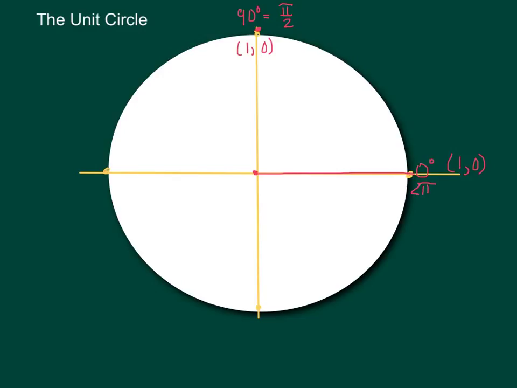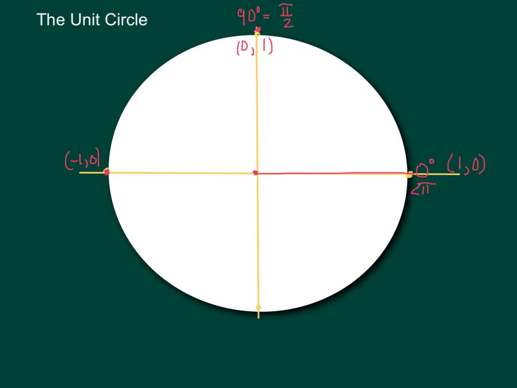If you go another quarter, this will put you at this point. I'm sorry, let's go back. This should be (0, 1).